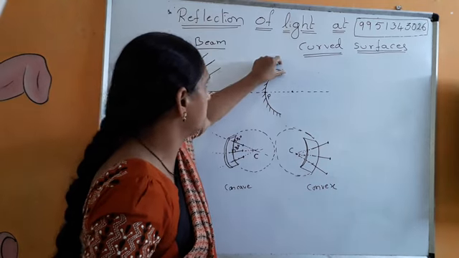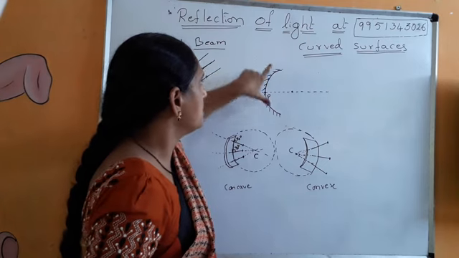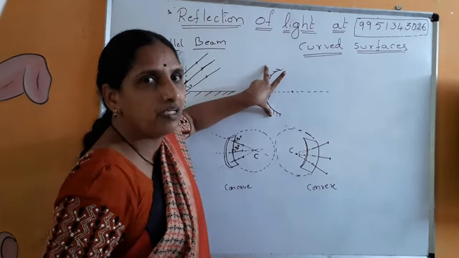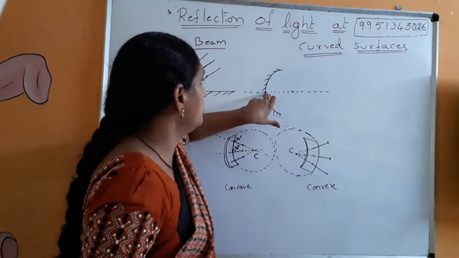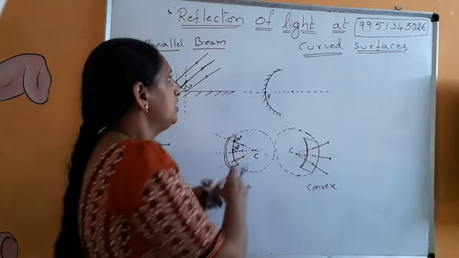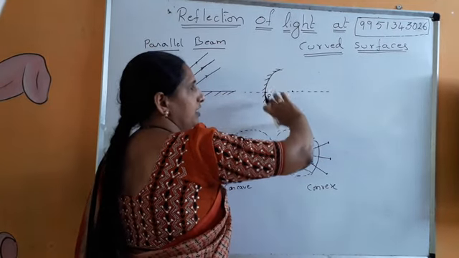For this object, you are not looking at the whole curve. You are only looking at this device, a concave mirror, and for this concave mirror, this is the geometric center. That means the lengths are equal on either side.